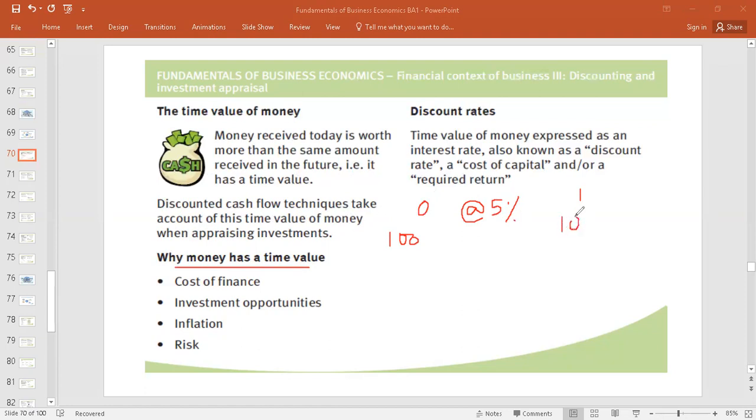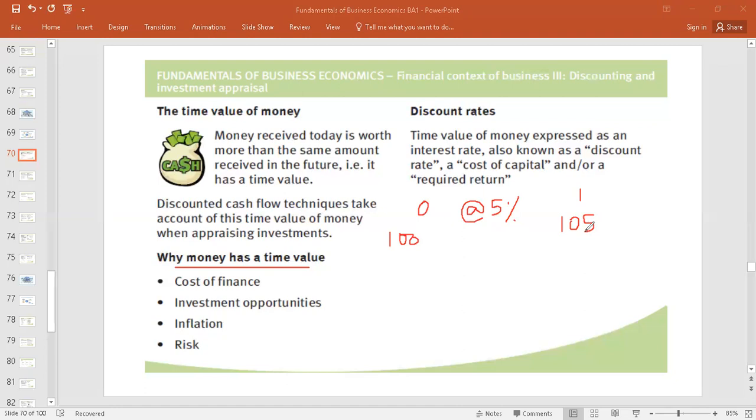So 100 plus 5 becomes 105. So having 100 as on today is equal to having 105 after 1 year, or having 105 after 1 year is equal to having 100 today. So the value reduces because the quantity is increasing.